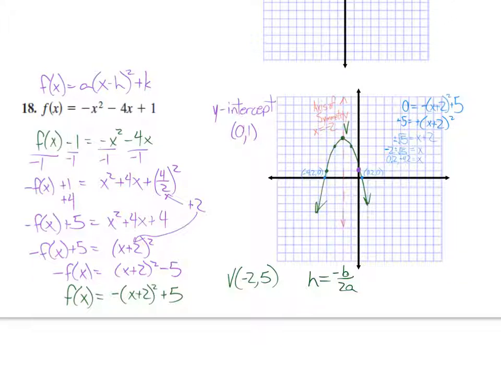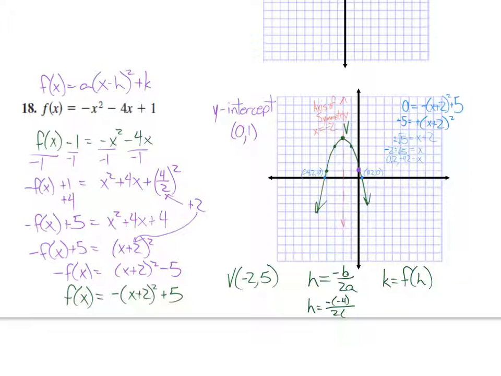Well, once you know what h is, if you know the x coordinate of a point, how do you figure out the y coordinate? Plug it in. Okay? To get k, you're just going to find f of whatever you get for h. So could you do it for this example? Yeah, so for this one, my b is a -4, so h is -4 over 2 times a.